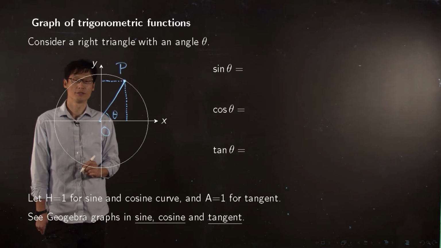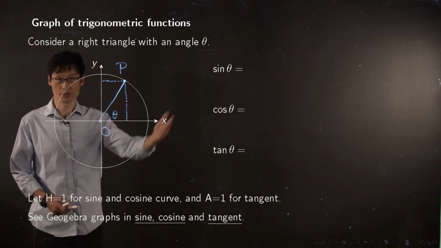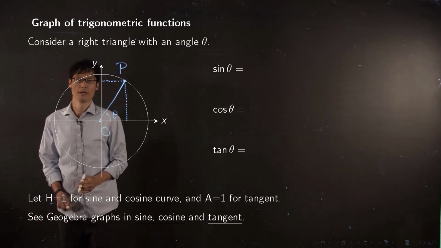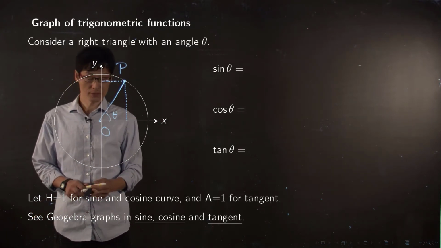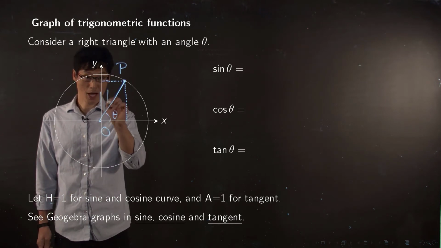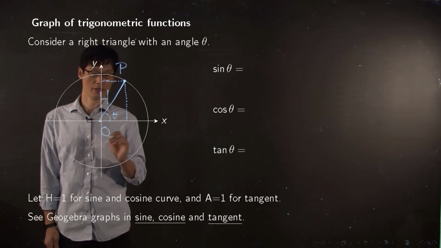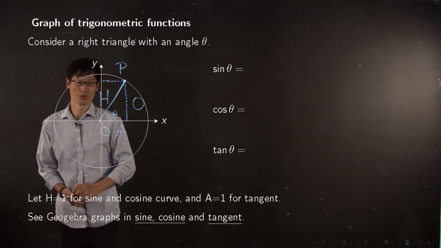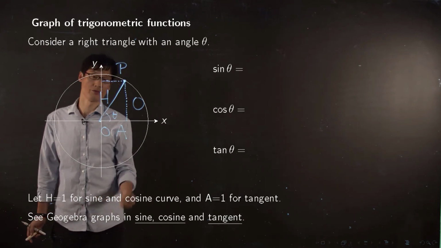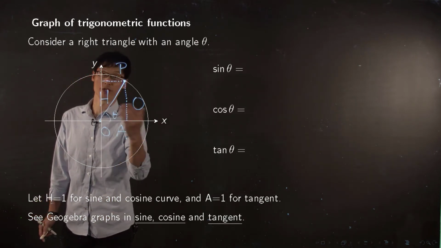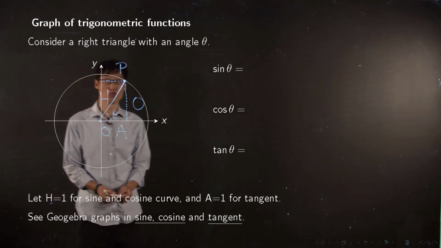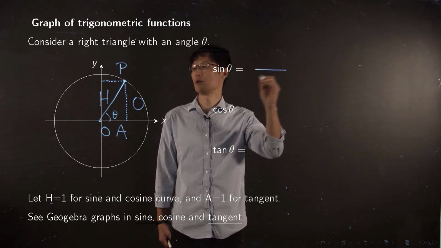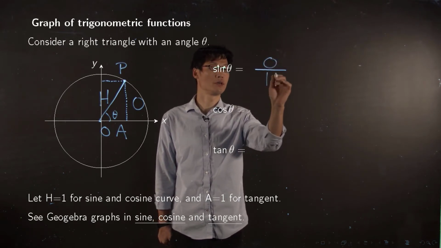Then by definition, trig functions are ratios of sides in this right triangle. Let me call these hypotenuse, adjacent, and opposite. So this right triangle has 3 sides: hypotenuse, adjacent, and opposite. By definition, sine is the ratio between opposite and hypotenuse.